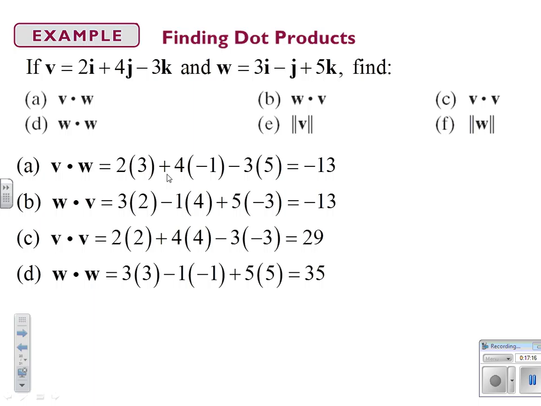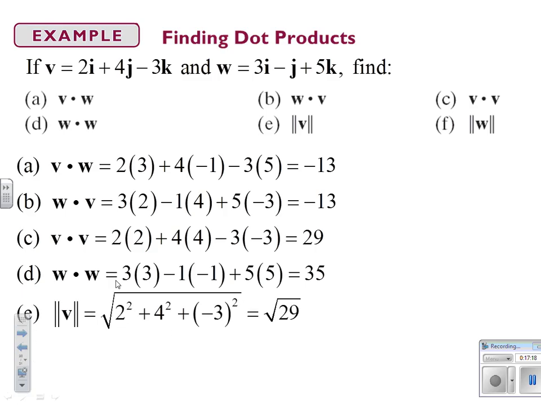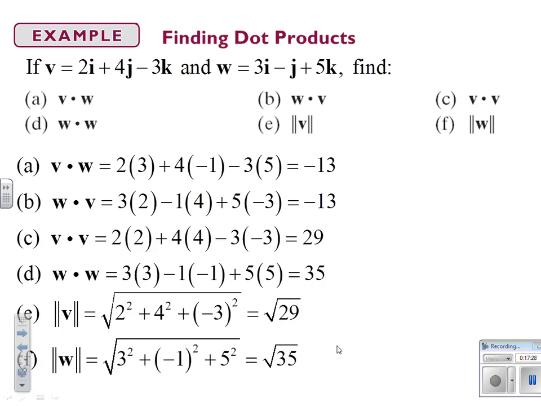The magnitude of v is the square root of 29. We found that in the previous problem. And the magnitude of w, I'm going to guess it's the square root of 35. Oh, that's right. Because remember, the relationship between the dot product of a vector with itself is equal to its magnitude squared, just like in our previous section.